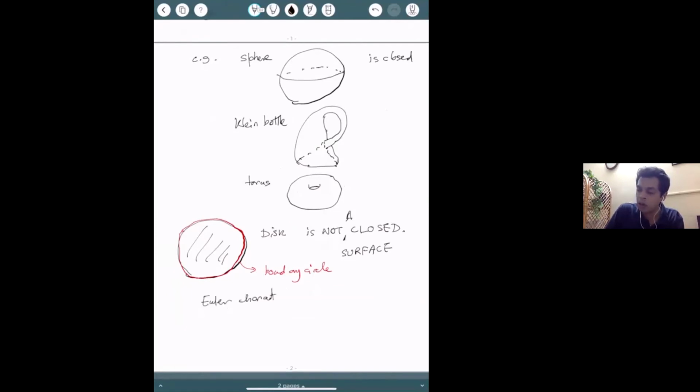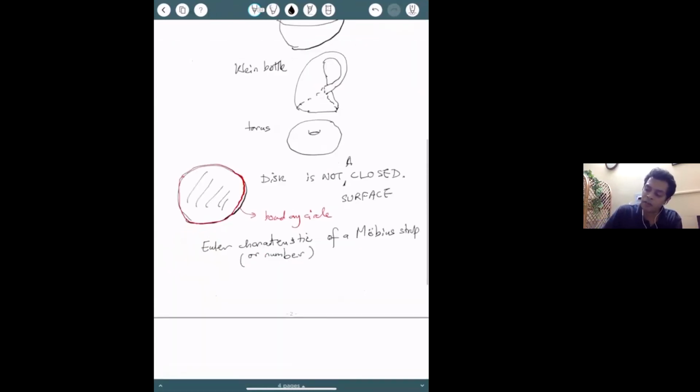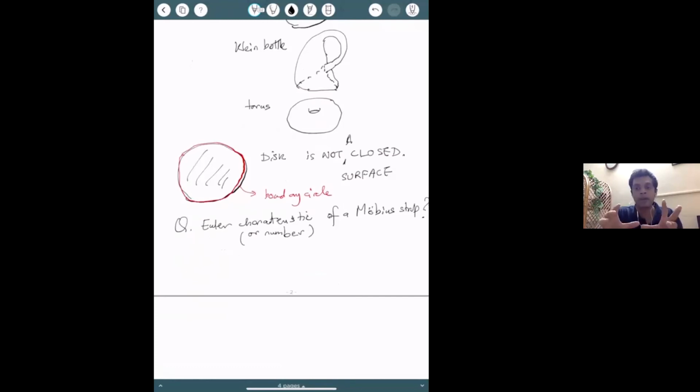I explained that you can do it by trying to draw an embedded graph. And the rule for surfaces with boundary, which are not closed, is that the boundary edges, if there are more than one, should all be edges of the graph.